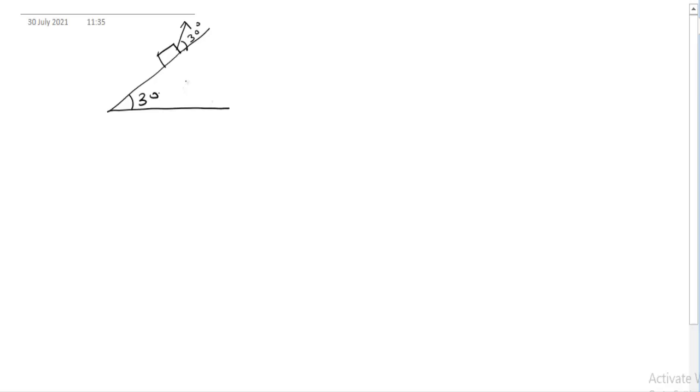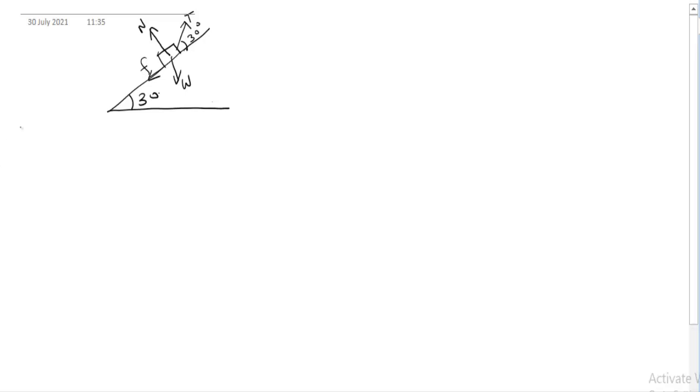So which forces will be acting on it? Here you can see weight W will be exactly downwards. A normal reaction force will be acting perpendicular to the surface. Here is the tension force acting on it. And obviously friction will be acting in the opposite direction.